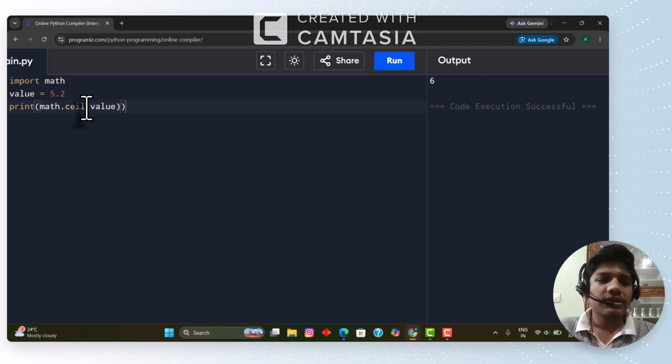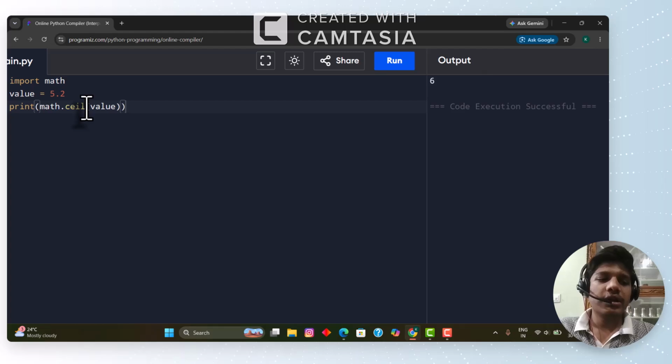Ceiling is always the top of the room. So 5.2. What is the top of the 5.2? What is above the 5.2? 6. 6 is the integer which immediately comes after this float. Okay, this float we get the integer that is 6.